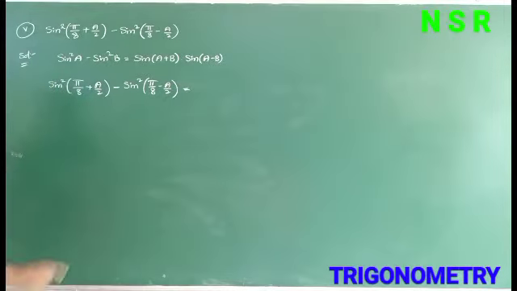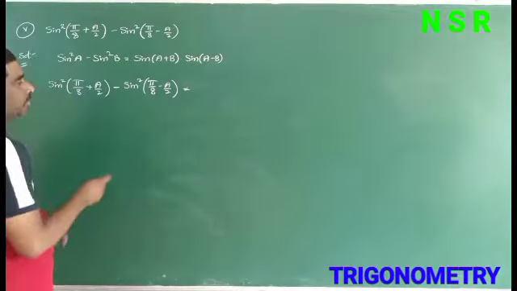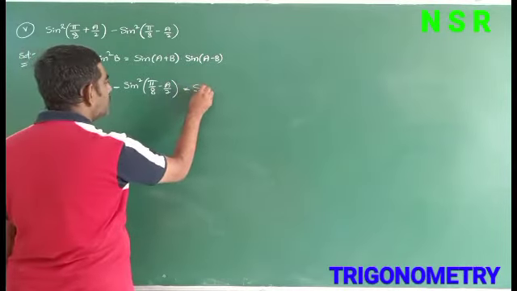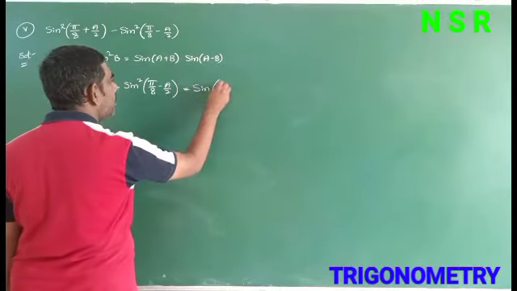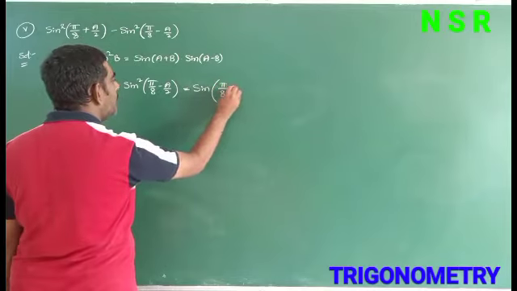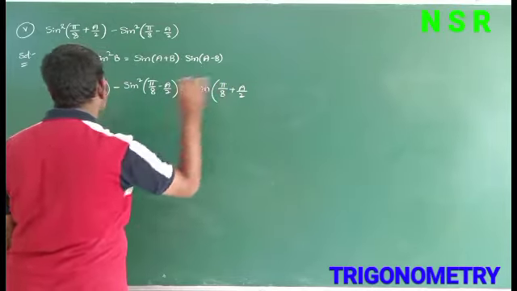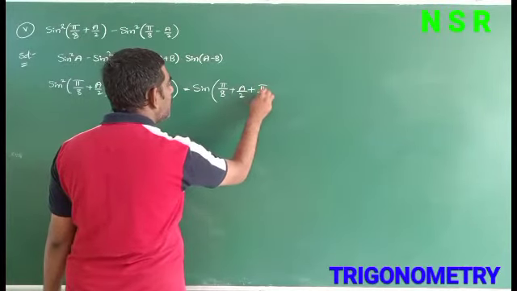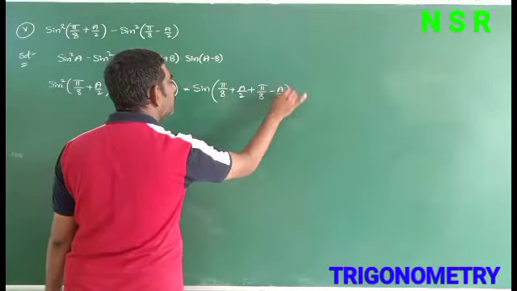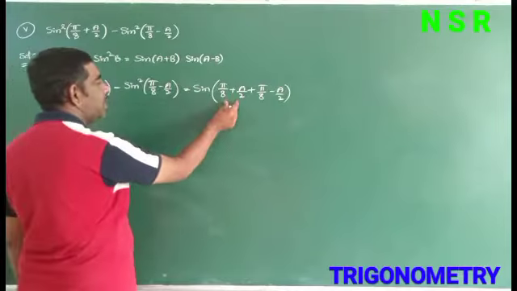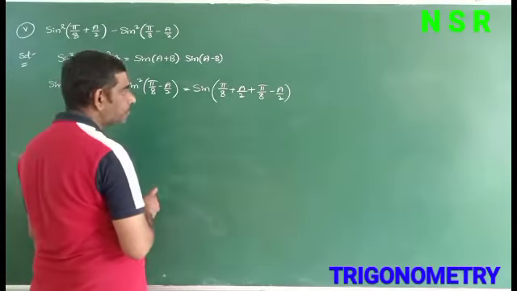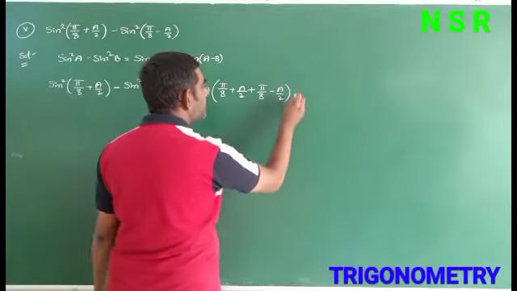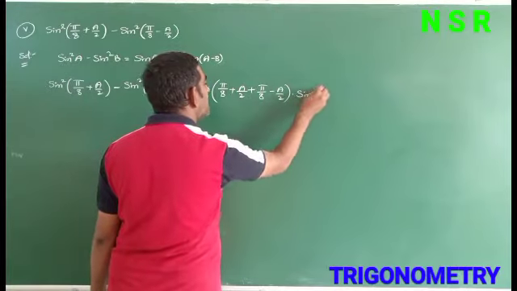This one is total A and this one is B. So substitute here: sin(A plus B), that is pi by 8 plus A by 2 plus pi by 8 minus A by 2, into sin(A minus B).